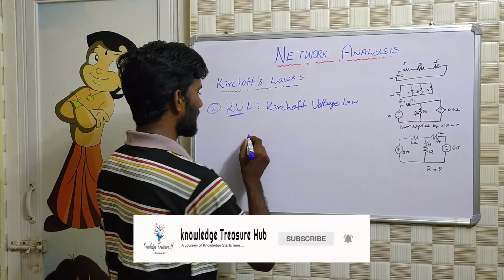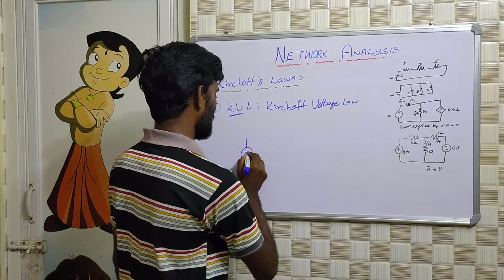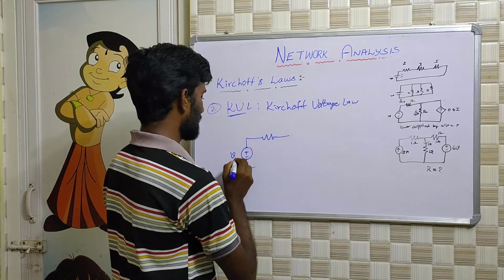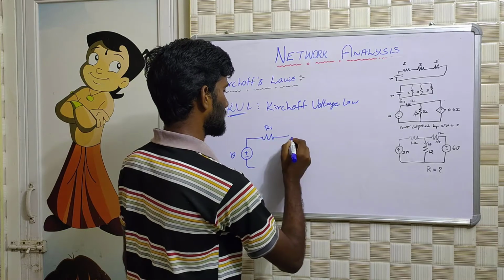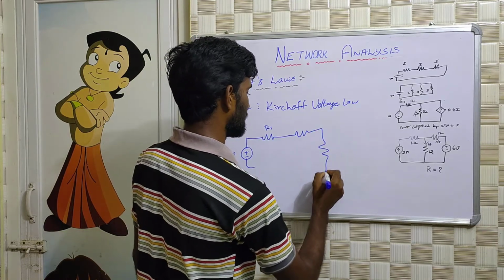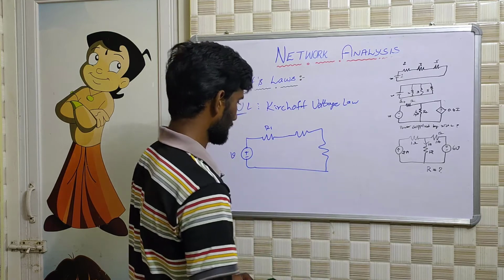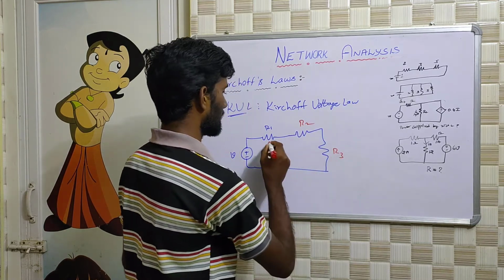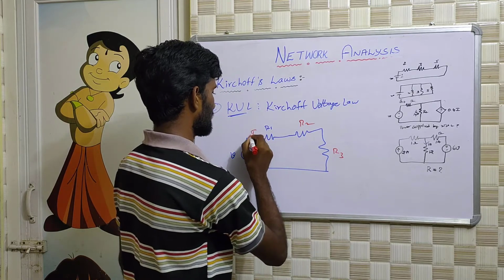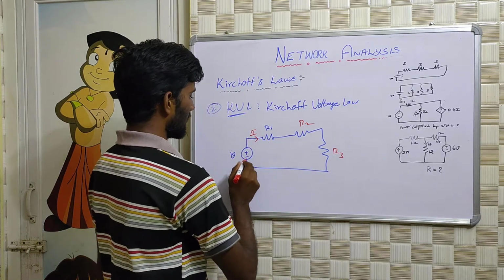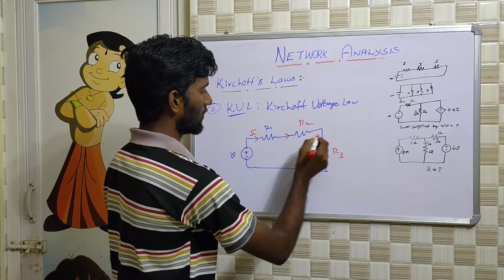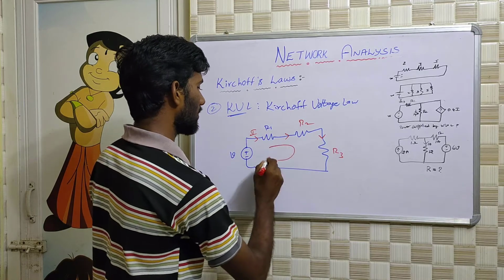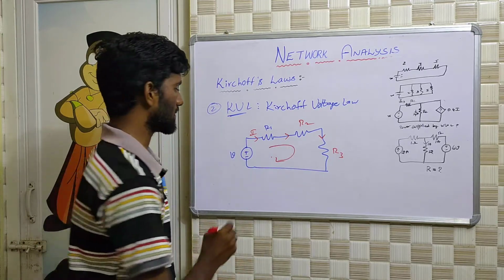Let us consider a simple circuit which consists of a voltage source and resistors R1, R2, R3, with current I. The sum of all voltages across any closed path will be 0.